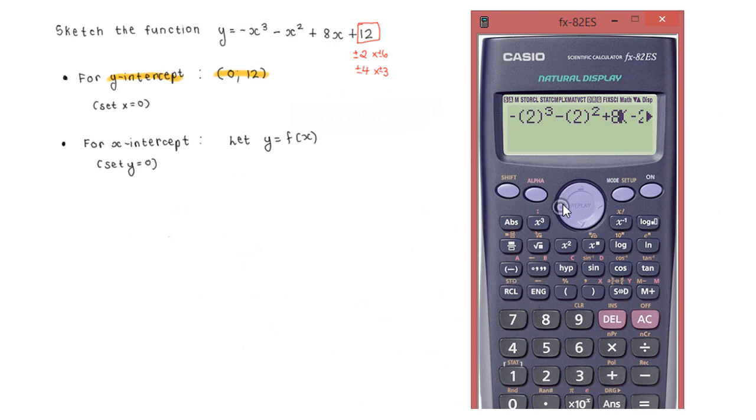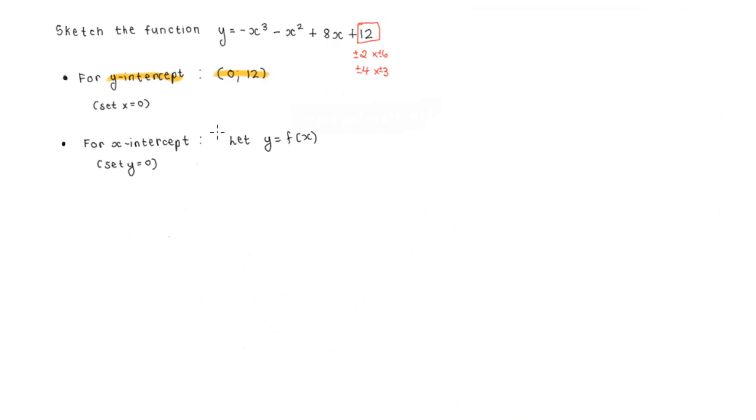Let's now try negative 2. Okay, and we see that negative 2 gives us an output of 0. Once we've received this outcome, we know that we've reached our first factor. So we can say that f of negative 2 is equal to 0.